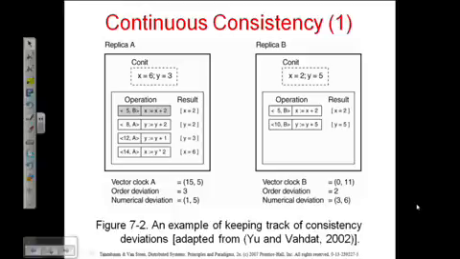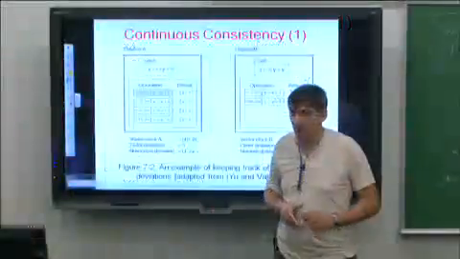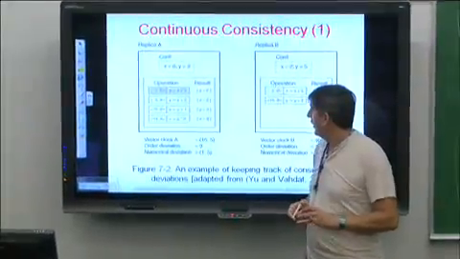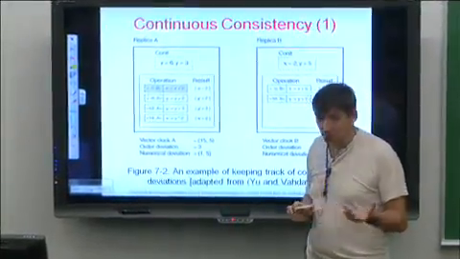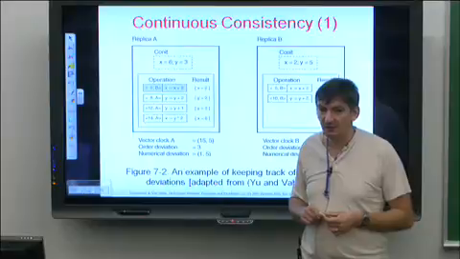Now, if you're talking about numbers, then there is a natural way to come up with some sort of measure. For example, this is the case here: you're only doing operations on numbers, and the numbers have names like A and B. You have to specify what operations are in fact performed.